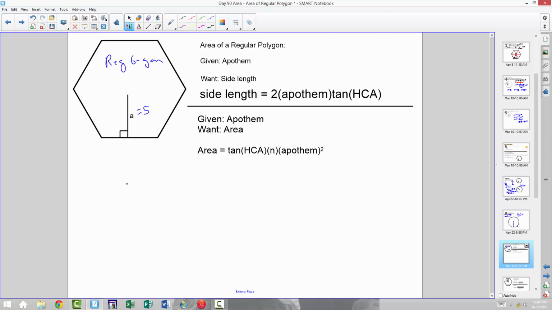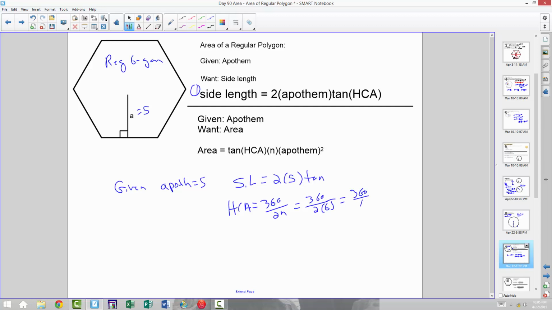So we'll do the first formula. Given that the apothem is equal to 5, your side length is equal to 2 times 5 times the tangent of my half central angle. Remember that your half central angle from the previous slides is equal to 360 divided by 2n, which is 360 over 2 times 6, because the number of sides is 6, which equals 360 over 12.